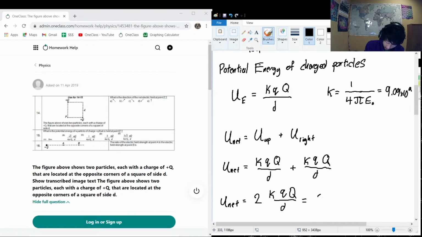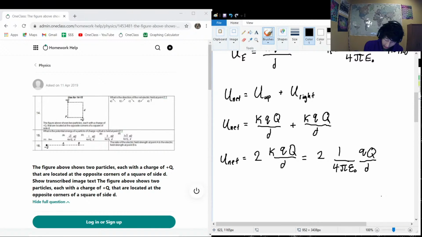So we can write this as 2, and instead of K, we can do 1 divided by 4 pi epsilon naught, multiplied by q, little q big Q over d. And this will be our net potential energy as observed from point P.